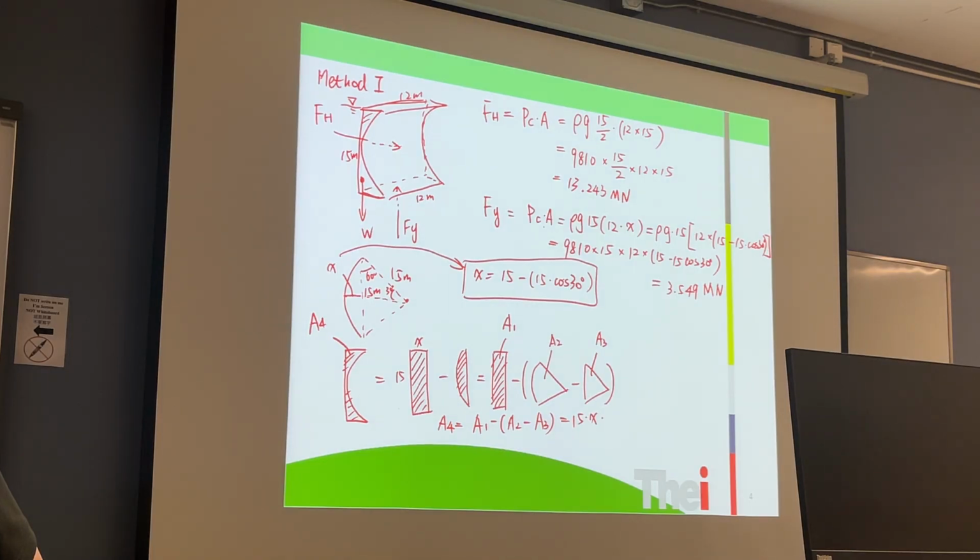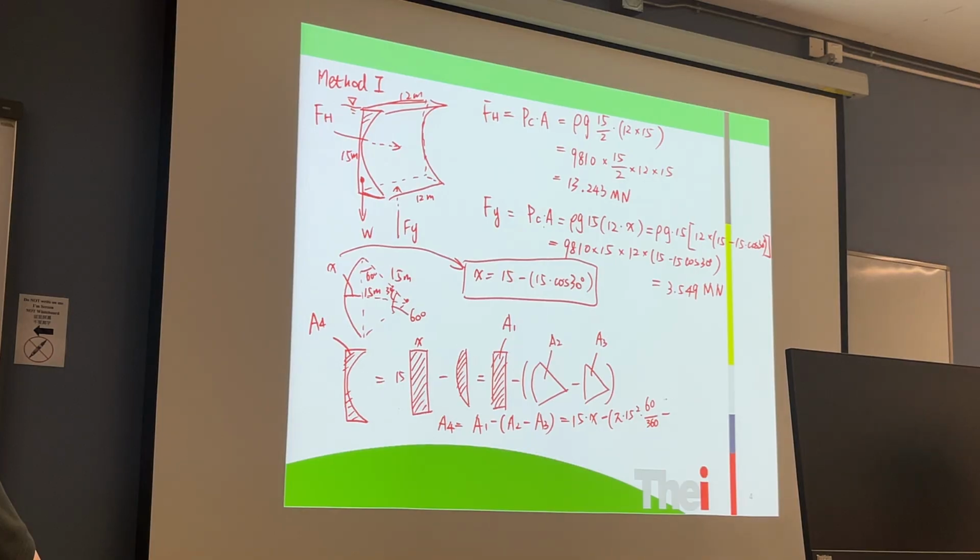And A2 is the fan shape, because this whole angle is 60 degrees and the radius is 15 meters. It is pi times 15 meters squared times 60 over 360, and subtract the triangle shape.